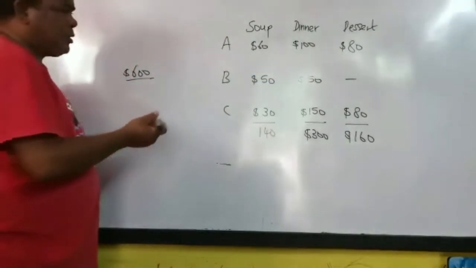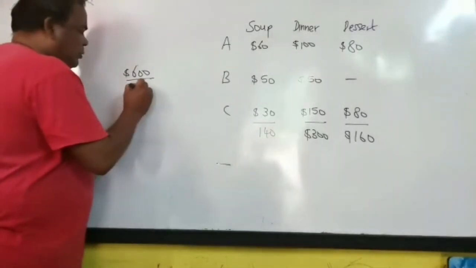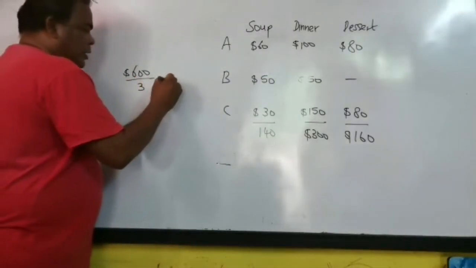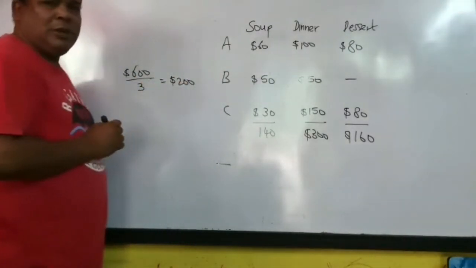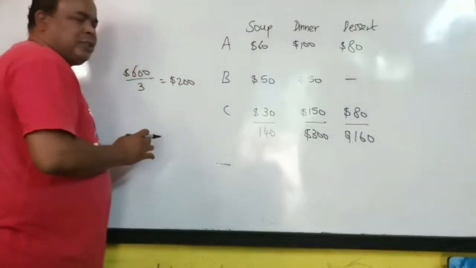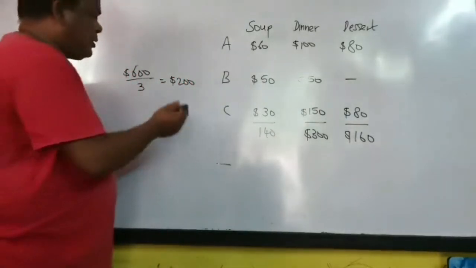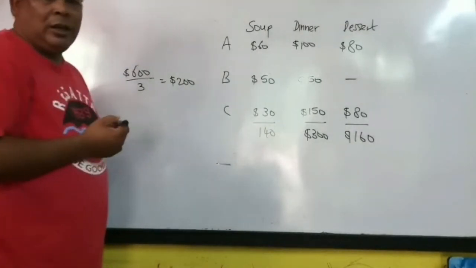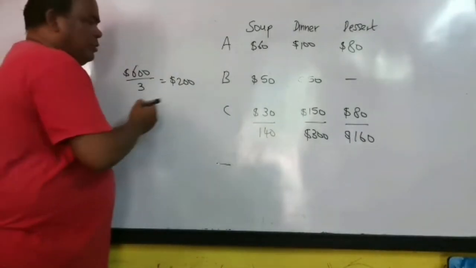So normally, since they are 3 friends, they will divide by 3, and each one will pay $200. They will not say anything in front of the waiter. They will just give $200 each, and they will pay the bill.